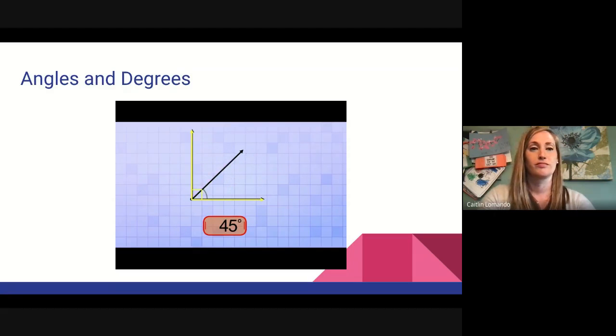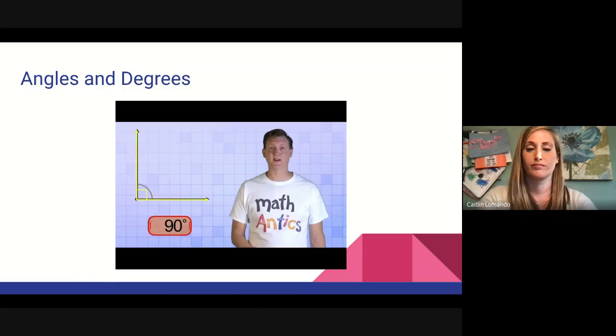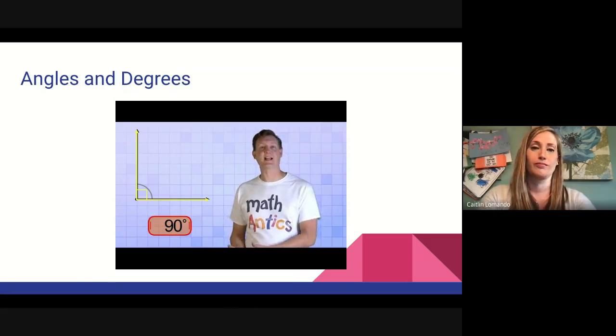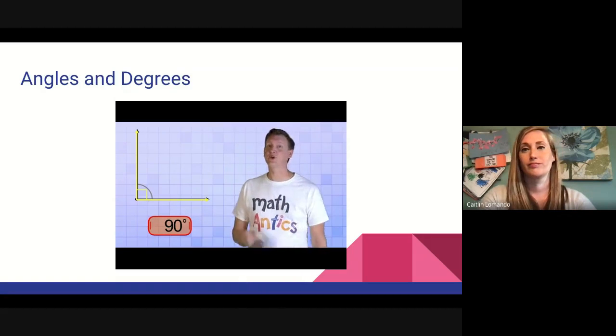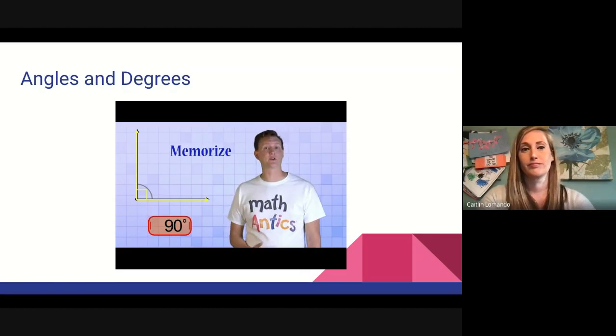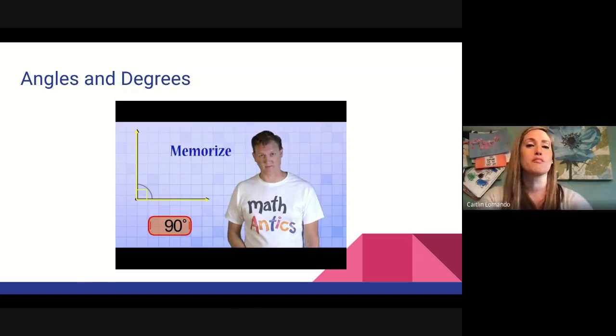So if 45 degrees is half of a right angle, can you guess how many degrees a right angle is? Let's keep on rotating to see if you're right. 50, 60, 70, 80, and 90. Yep, a right angle is exactly 90 degrees. And that is super important to memorize because right angles are used all the time in geometry.